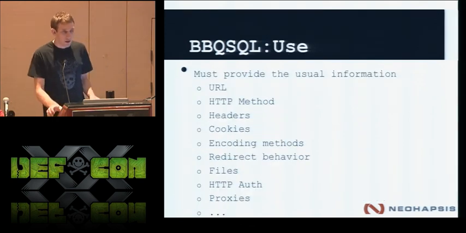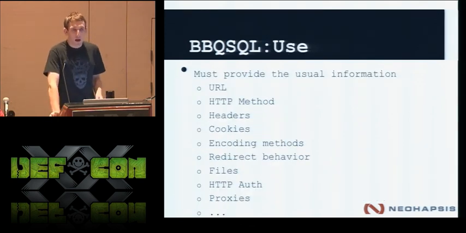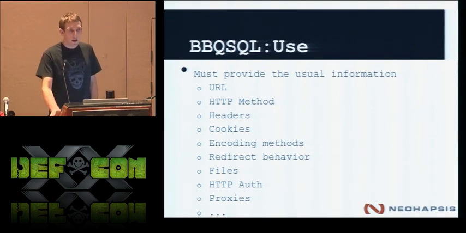I'm going to talk a little bit about the use of the tool. So like any tool that is going to be making HTTP requests for you, you need to specify what request you want it to make. So you need to tell it what URL, the HTTP method, that's the basics. On top of that, you can specify any other aspect of the HTTP request.